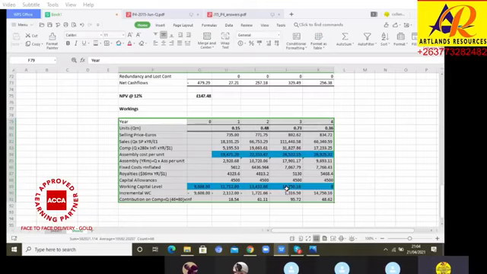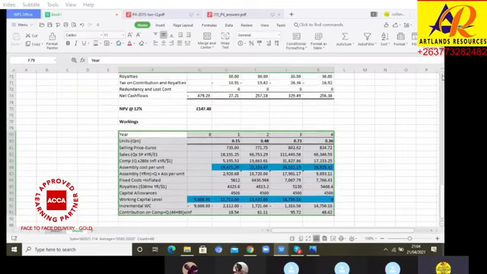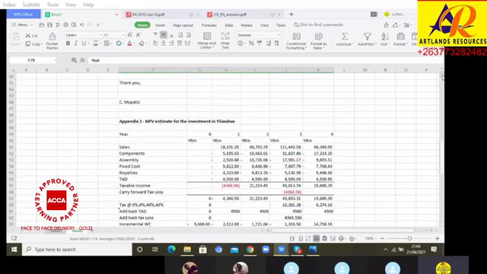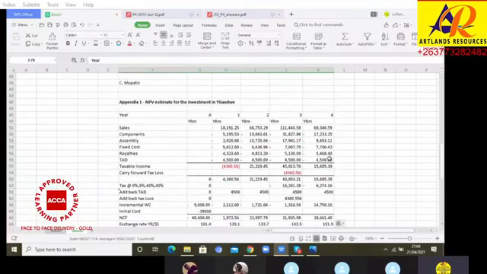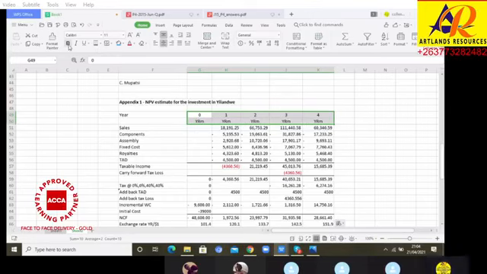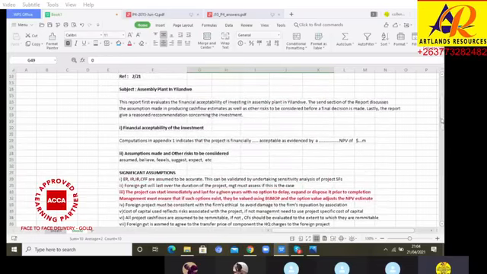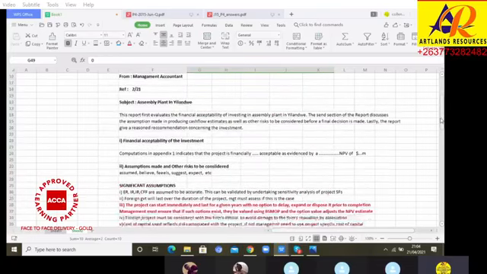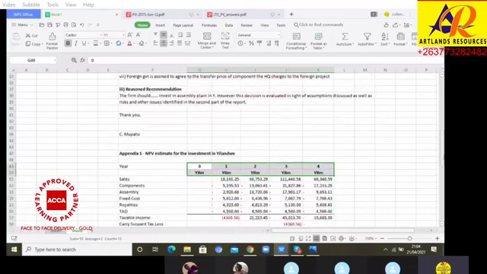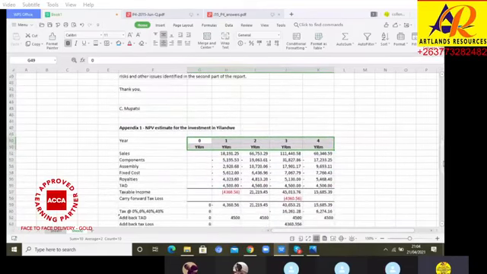So at your level, now notice, if I present this to the board and say, look, this is the appendix attached in the report, the board has a succinct, direct, and good report, and then computations are in appendices. Look at this.